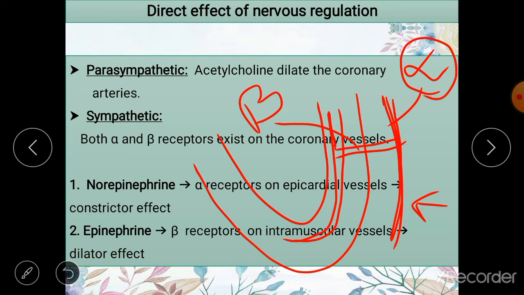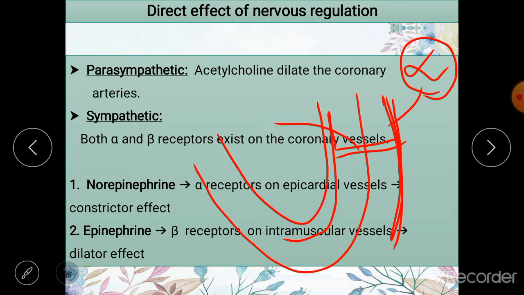So what is the benefit? When your sympathetic activation happens, your epicardial vessels squeeze blood to the vessels which supply the deep portions of the heart, so that your blood vessels can adequately supply blood to the deeper portions of the heart.